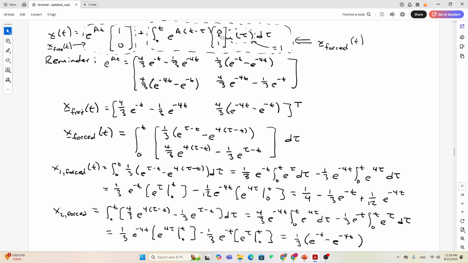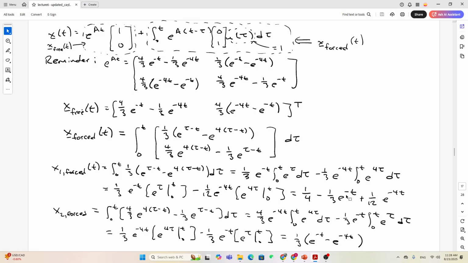Since you are multiplying by 0, 1, that means you should only have this second term here, and you should also have this second term here, since this is 0, 1 for the B matrix. So there you get your forced response representation. Well, we also know that your tau goes from time 0 to time 10. So if we do that, we get x1, x2, those forced responses, very easily.